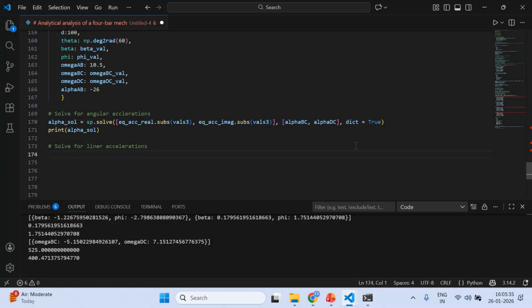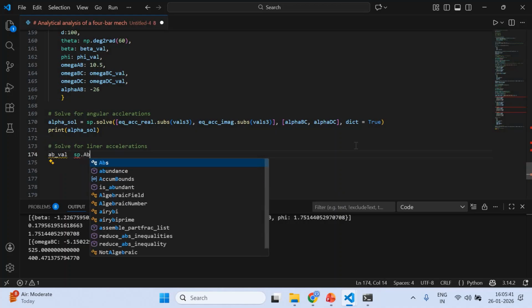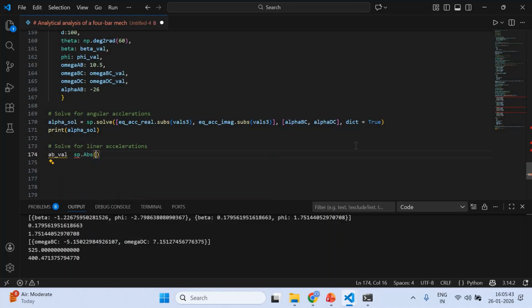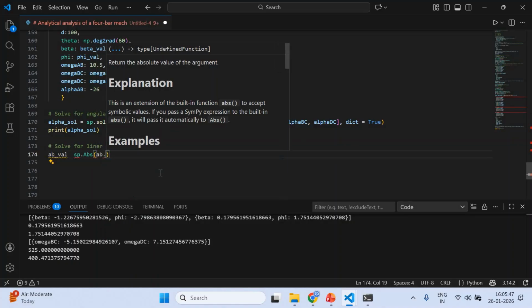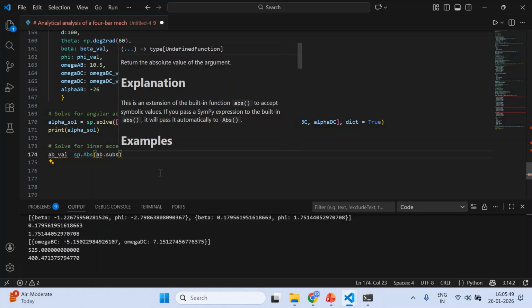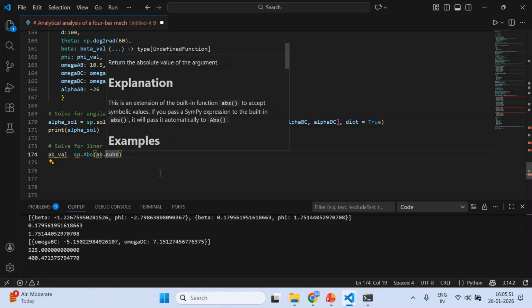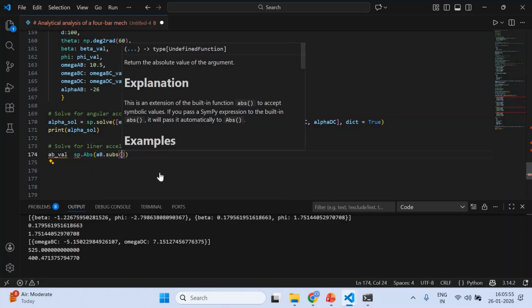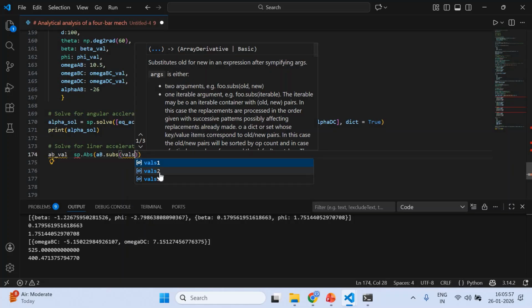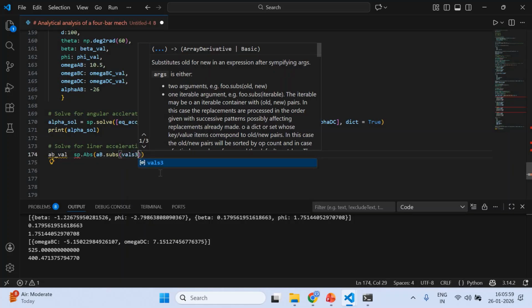And now the first is AB underscore val, right? So again it is sp dot absolute of AB. So what was your AB? AB was AB dot subs, right? Again we need to substitute the values, so just don't forget this point. So subs of vals 3, correct?